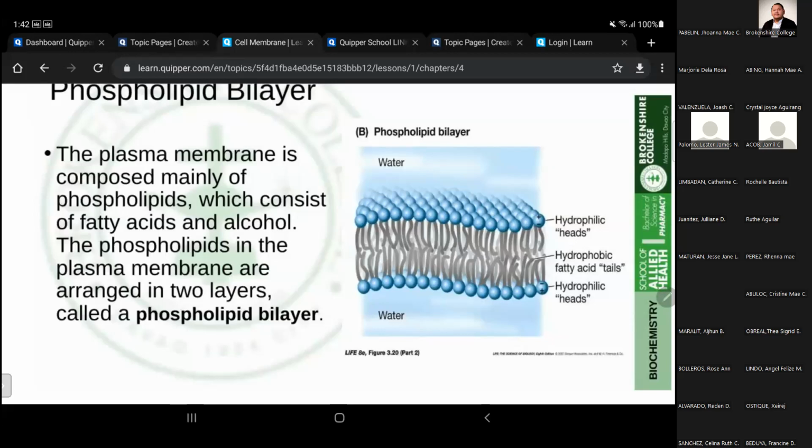It is just similar when you try to place drops of oil, or shall we say naghuhugas ka ng pinggan na masyadong ma-oily, 'di ba? What happened? Yung oil will try to bind together, yung sebo, they try to bind together.